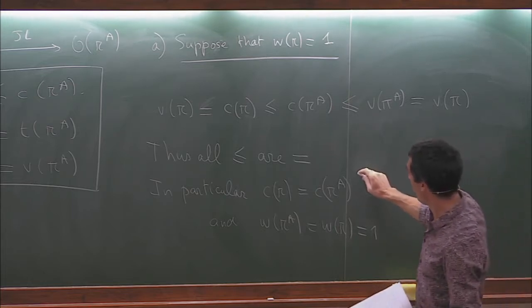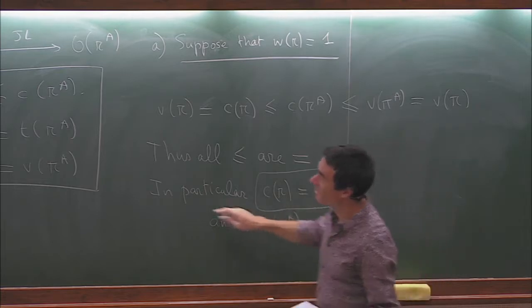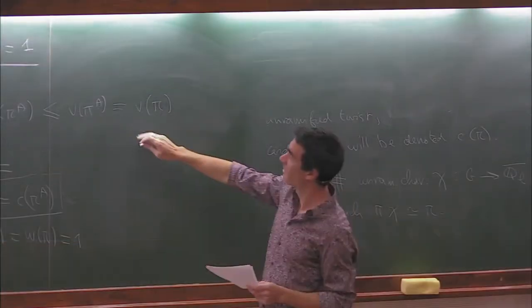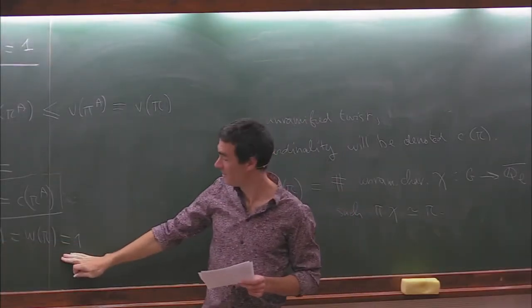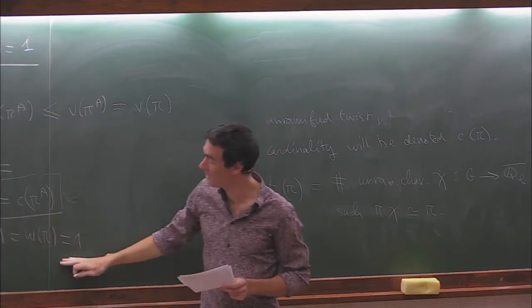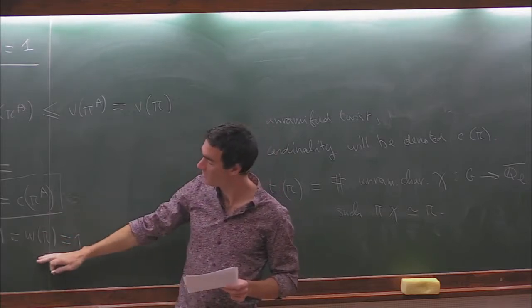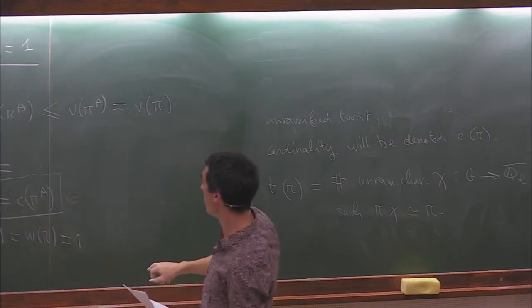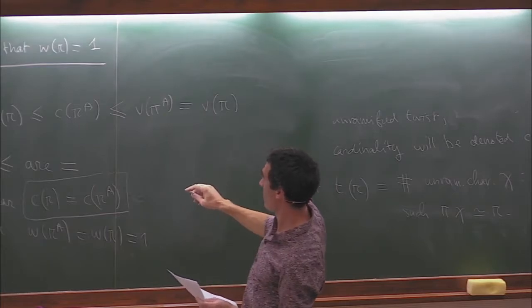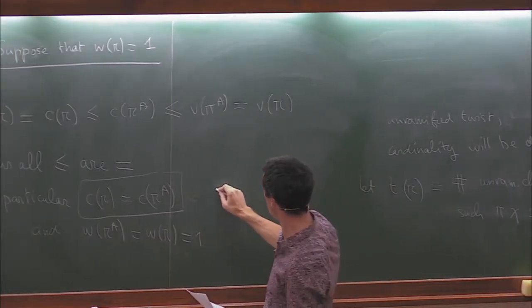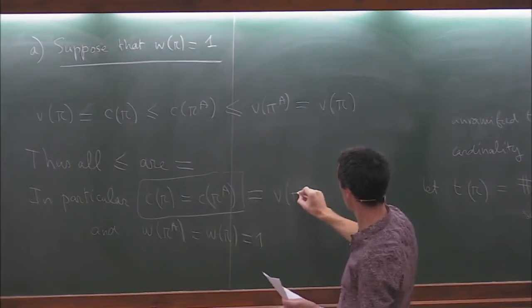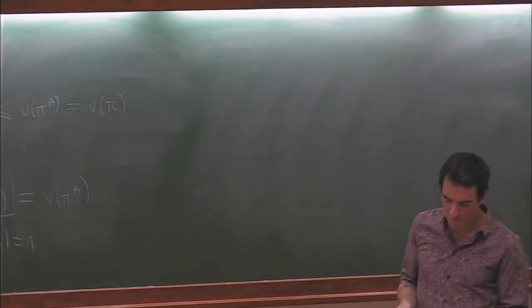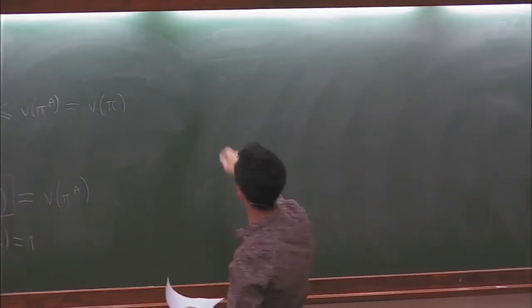Because this equality can only occur when W is 1. This one or this one? The last one comes from this equality. Yes, thank you.